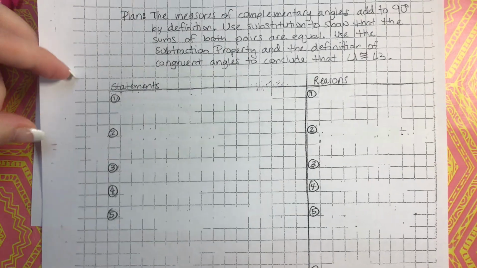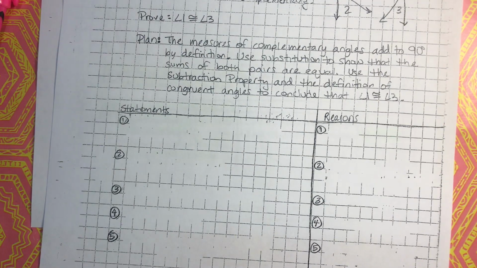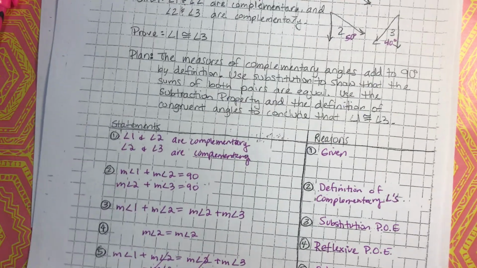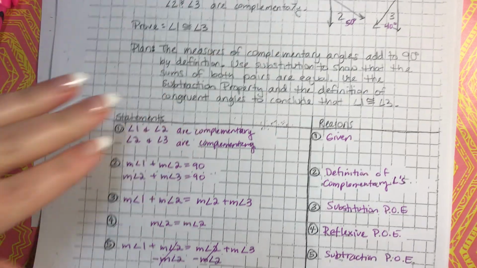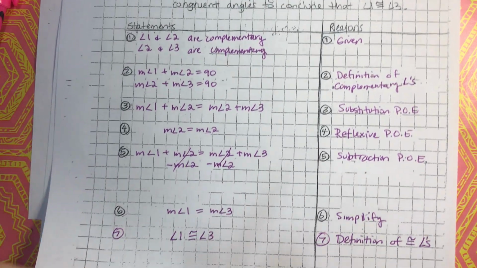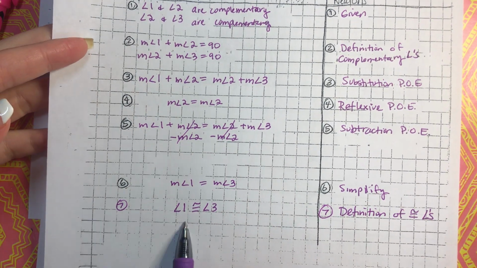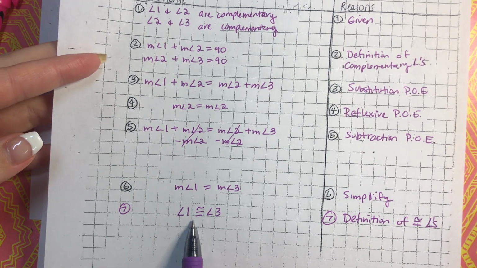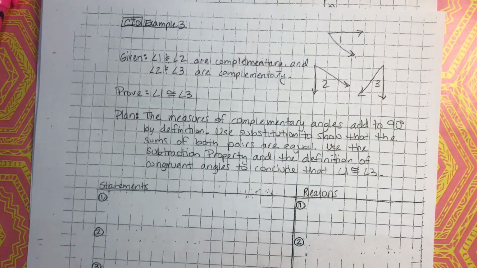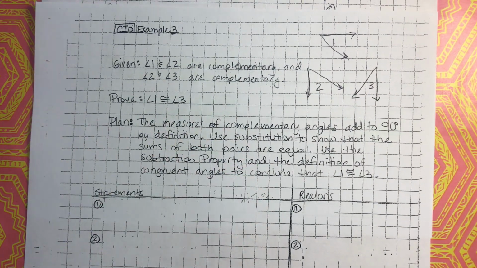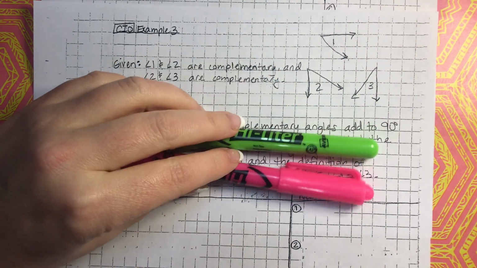Okay, so remember this problem that we just solved, we had angle 1 and angle 2 are complementary, and angle 2 and angle 3 are complementary, and we did all this lovely work to show that angle 1 is congruent to angle 3. Okay, so let's try this problem again, okay? Without looking at the plan. Well, this is a different plan.